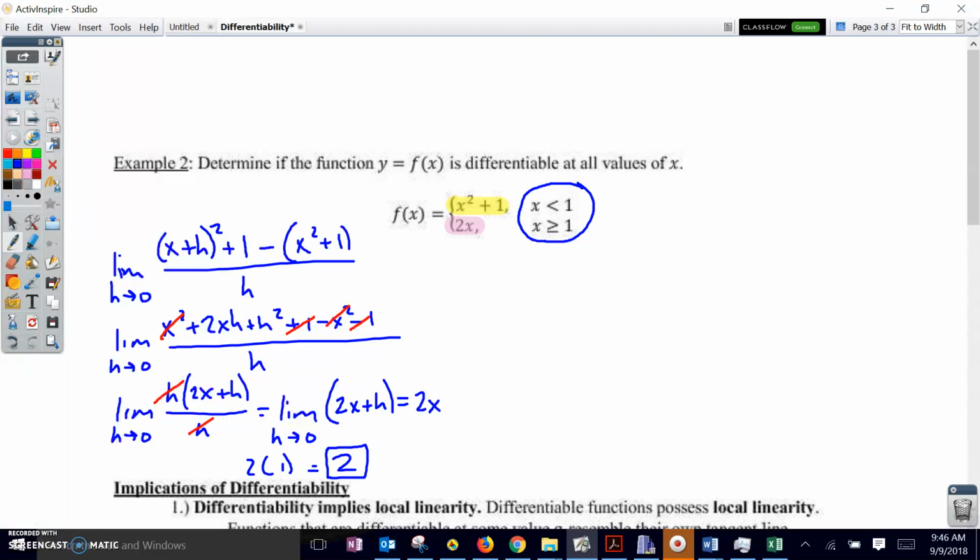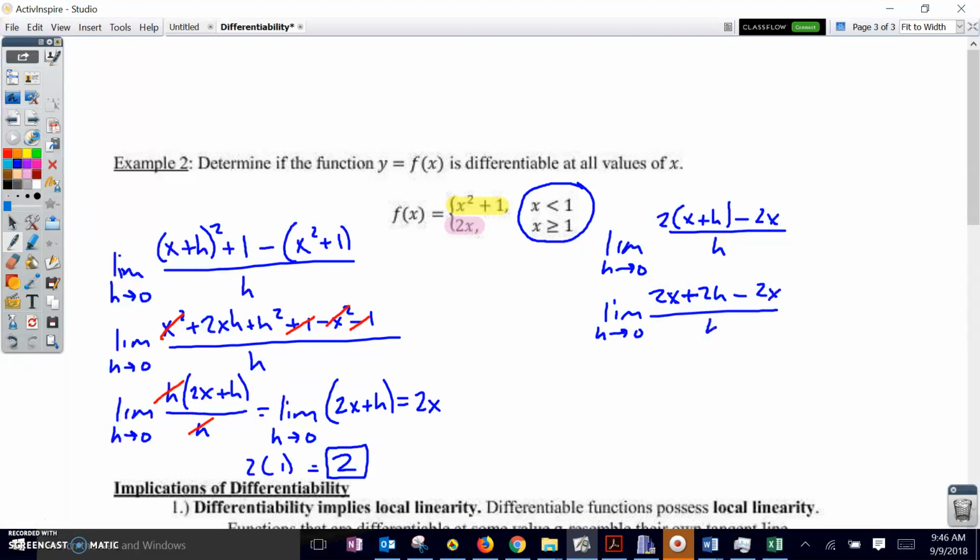My right-hand derivative, I'm going to handle in a similar fashion. We take the limit as h goes to 0 of 2 times the quantity x plus h minus 2x all over h. So that's equal to the limit as h goes to 0 of 2x plus 2h minus 2x all over h. Got some things that cancel.